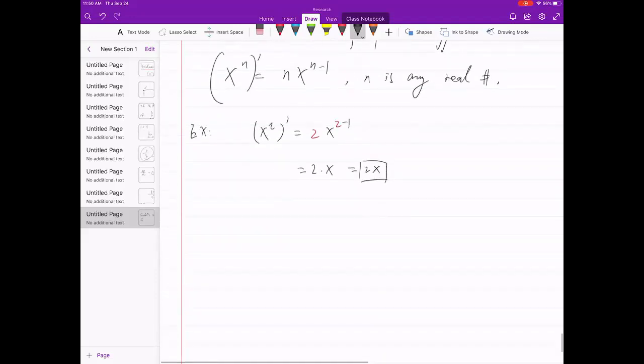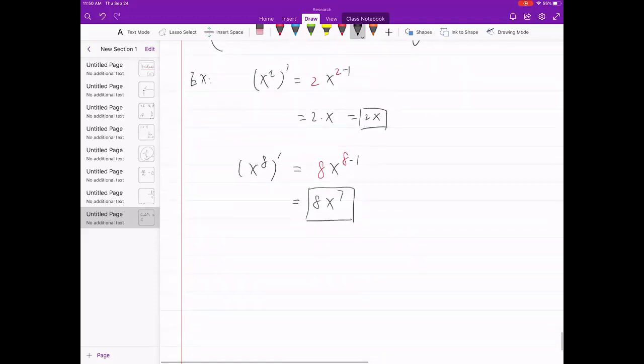Good. So basically, you take this number down and you reduce it by 1. That's how you got this.